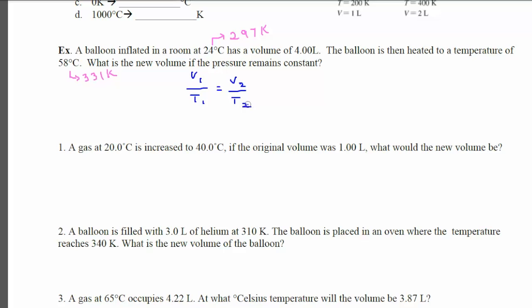My V1 is 4.00 liters. My T1 is 297 Kelvin, and that equals V2, which I'm solving for, divided by 331 Kelvin. So what I want you to do right now is solve for V2.